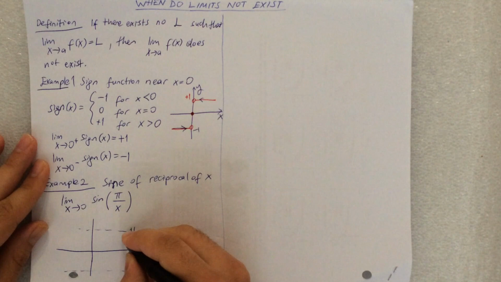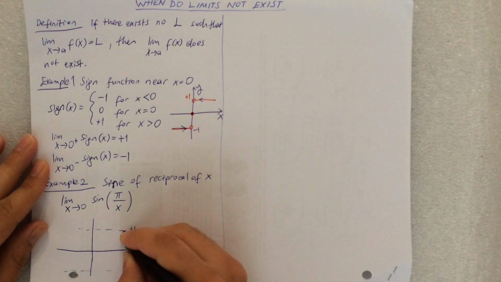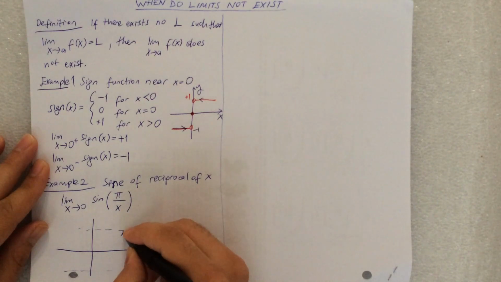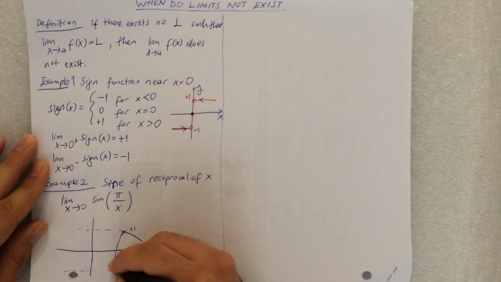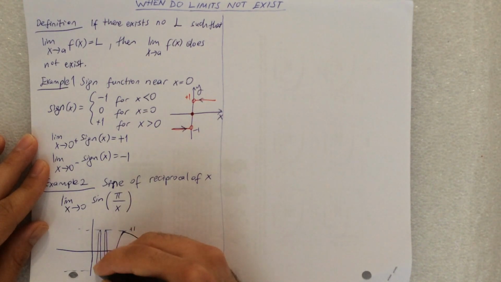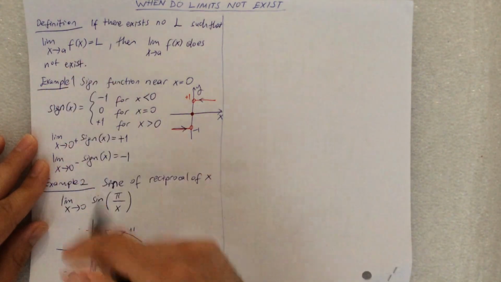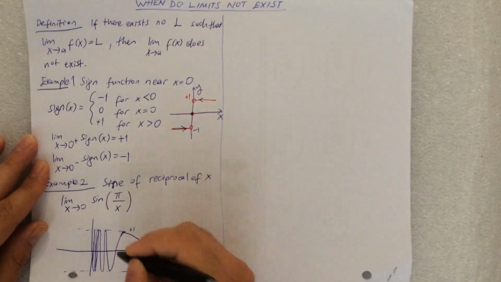For large values of x, the frequency is going to be small. For small values, it's going to get more and more frequent, but it's always going to go back and forth between plus and minus 1.